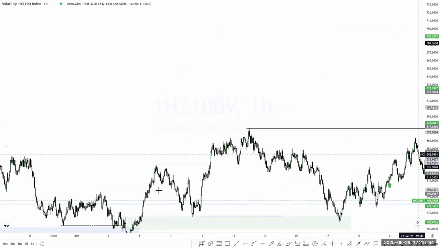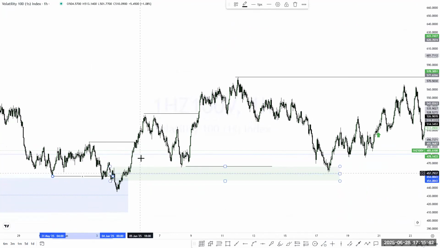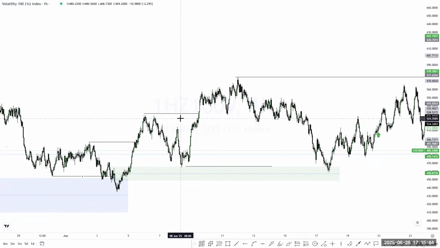So now on 1 hour time frame, we can have more clarity. So now we have the sweep.